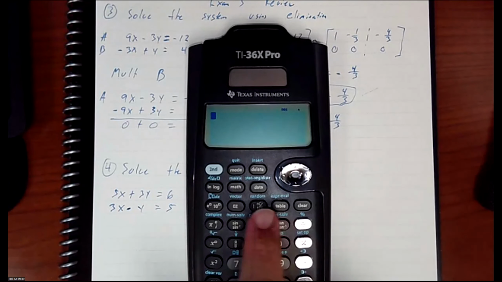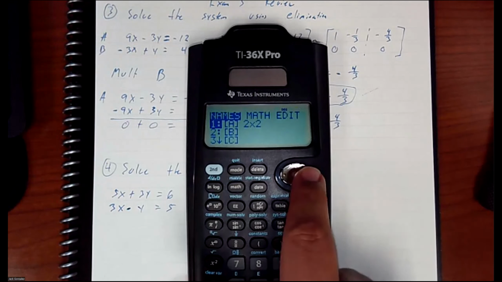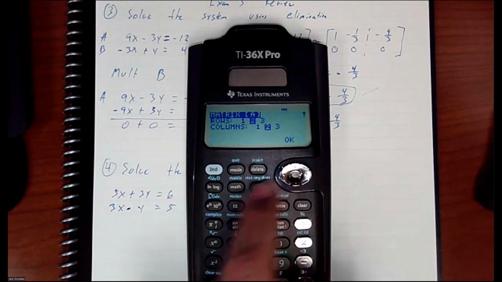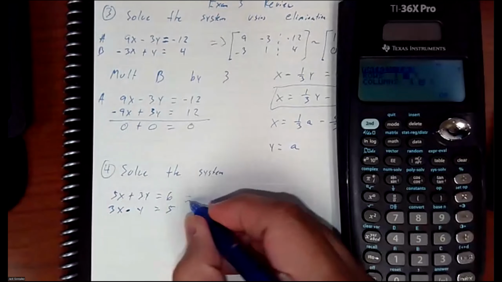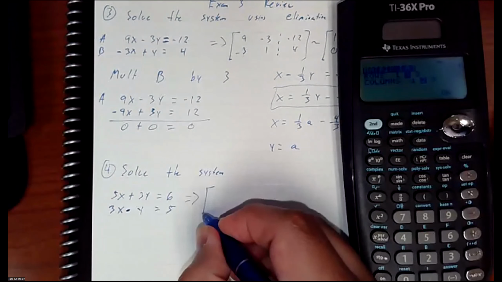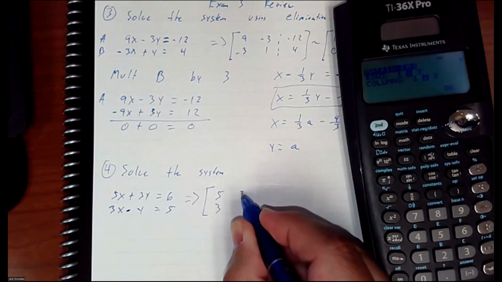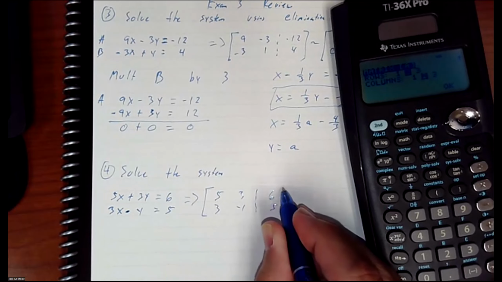So just go to second matrix, right above the math button. Go to edit. You just have to choose how many rows you have. So this one right here is going to be 5, 3, 3, -1, 6, 5.